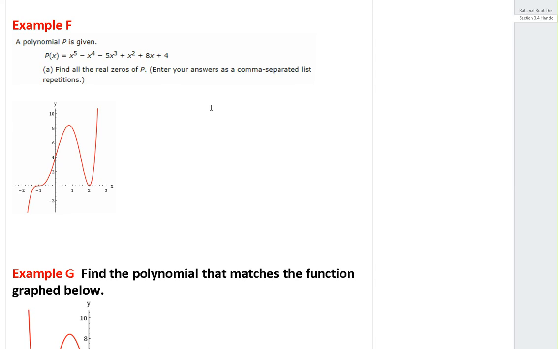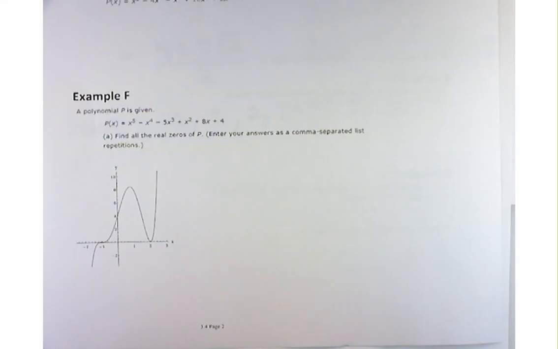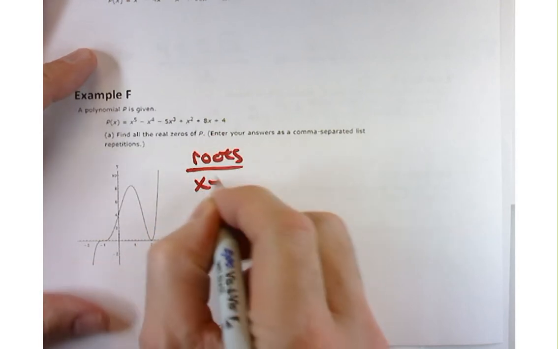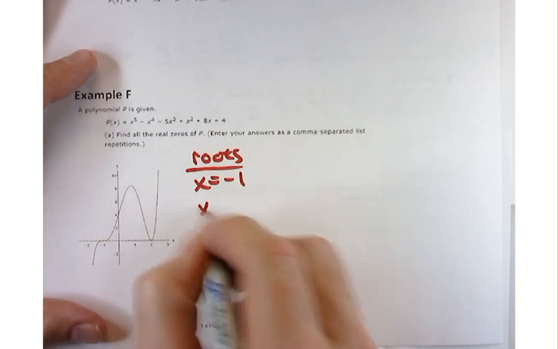Just a cheat here. So let's see here. We've got roots at -1 and 2. All right. We'll see if we can reverse engineer this a little bit. So our roots are at x equals -1 and x equals 2.